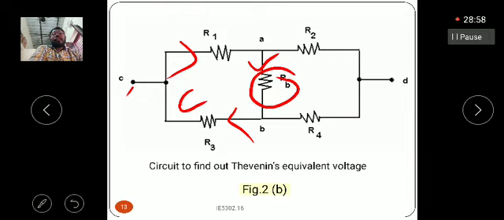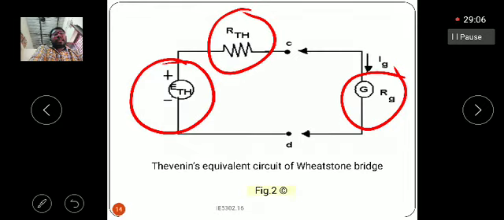Between these terminals we connect the galvanometer resistor, RG, which is connected across the load terminals of this circuit.